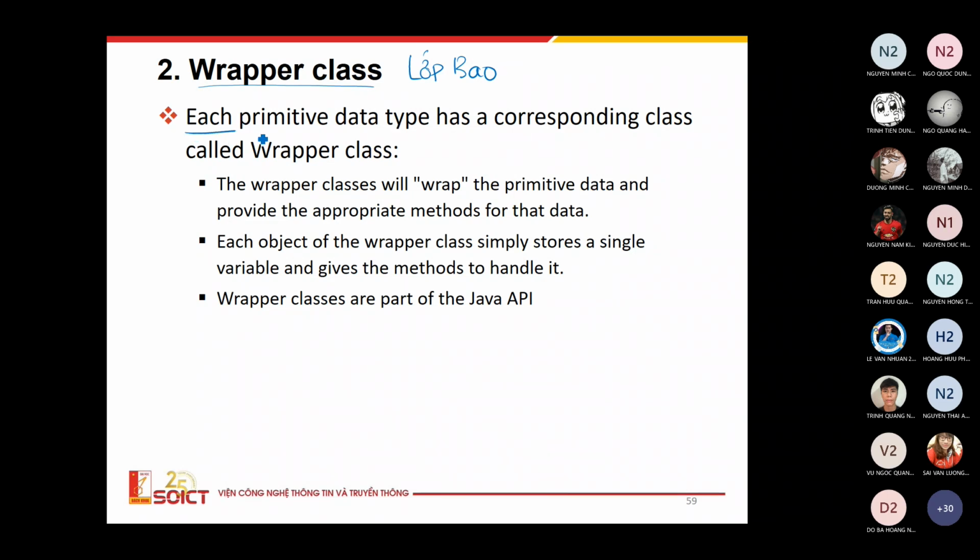Each data type has a corresponding wrapper class. These classes wrap the primitive data type and provide appropriate methods for that kind of data. Each object of the wrapper class stores a single value and gives methods to handle it, and they are all part of the Java JVM.